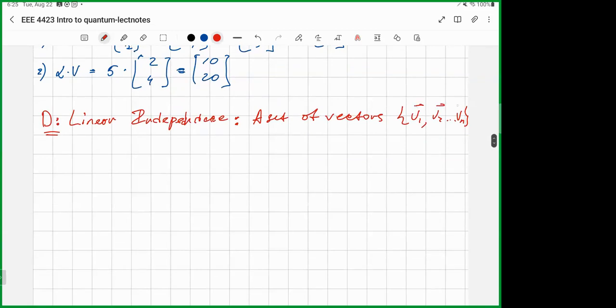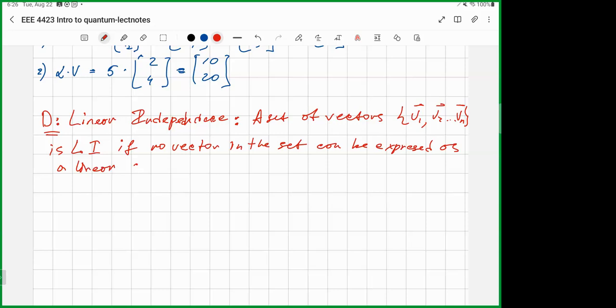So we have a set of different vectors. A set of these vectors is linearly independent if no vector in the set can be expressed as a linear combination of the other vectors in this set.